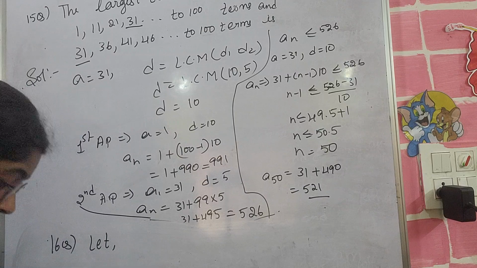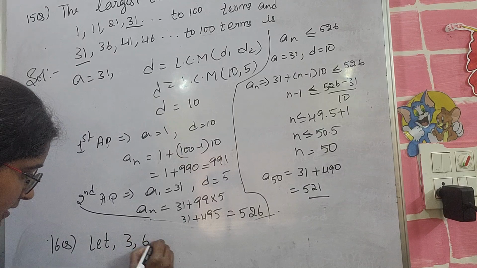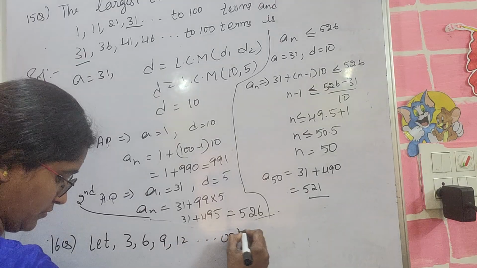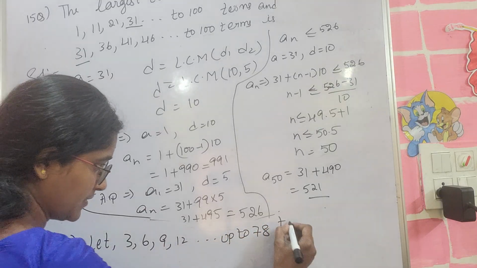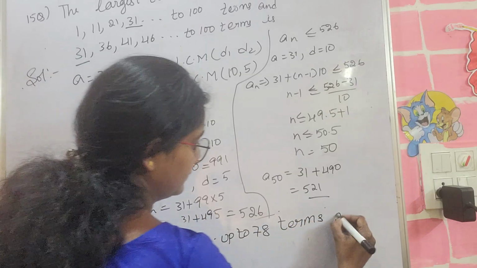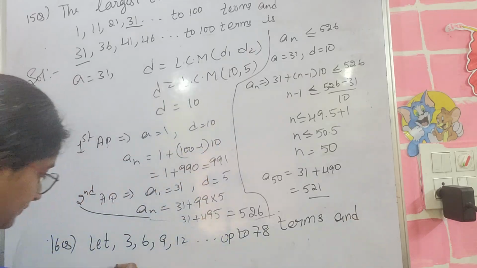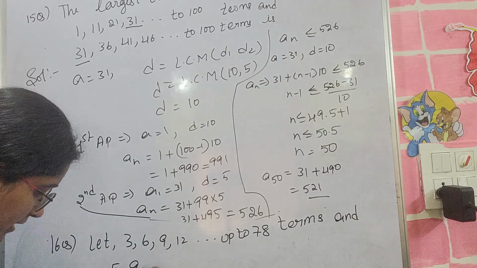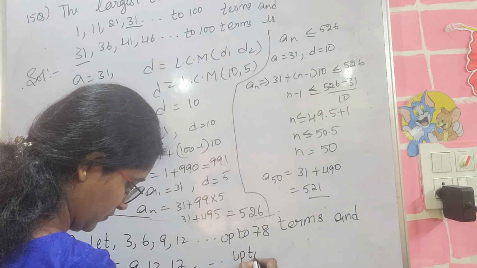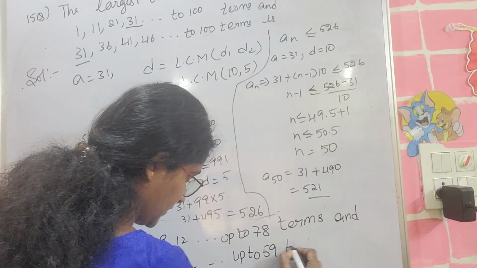Let the first series be 3, 6, 9, 12 up to 78 terms, and the second series be 5, 9, 13, 17 up to 59 terms.